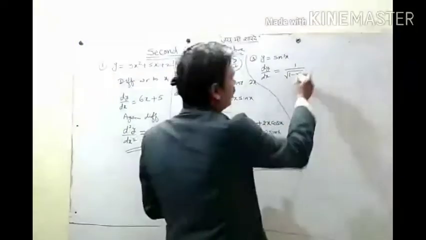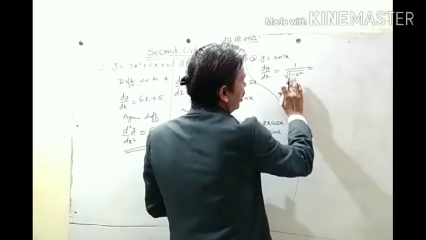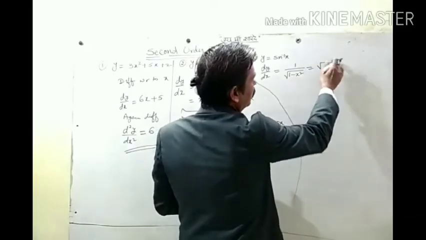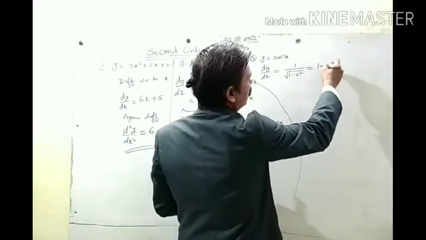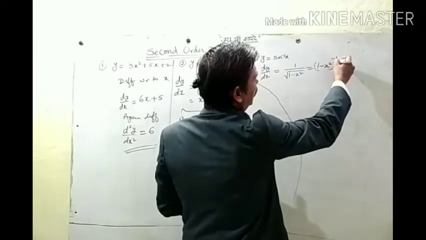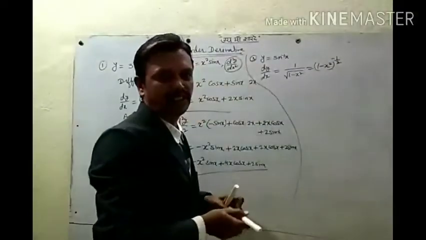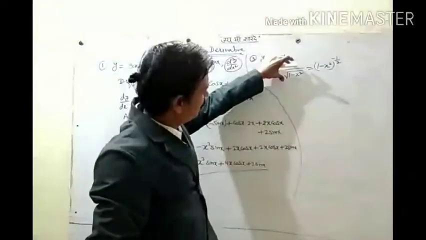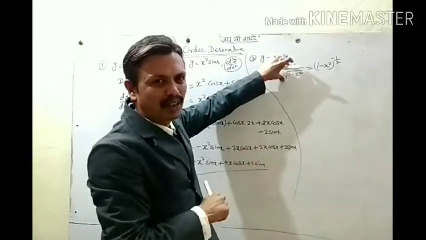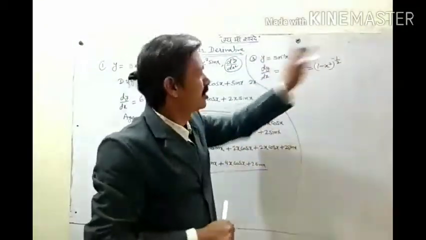So we convert this into one function only. We can write this as 1 minus x square to the power minus half. Now the quotient rule is not applicable, and we have converted this into a simple form.